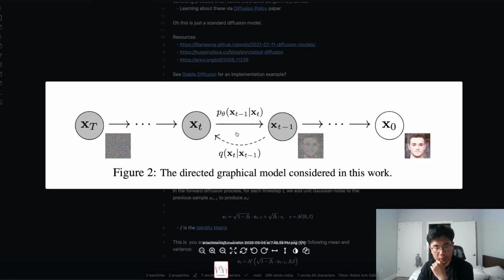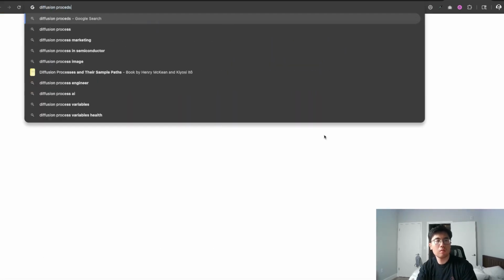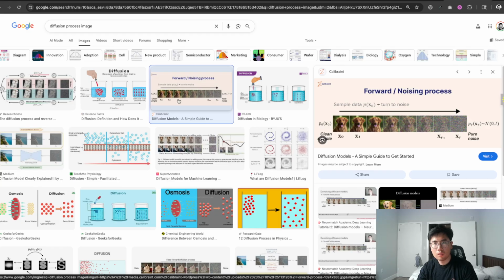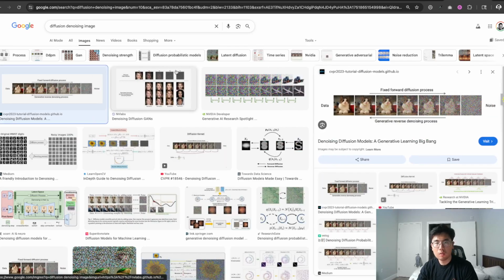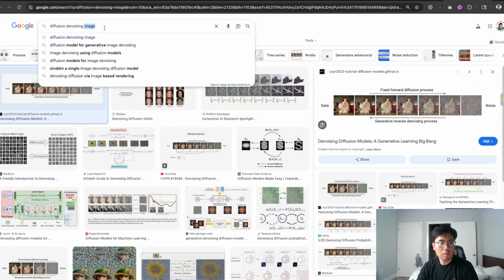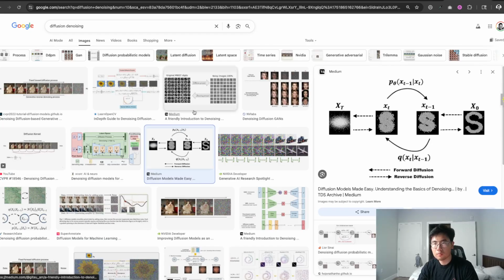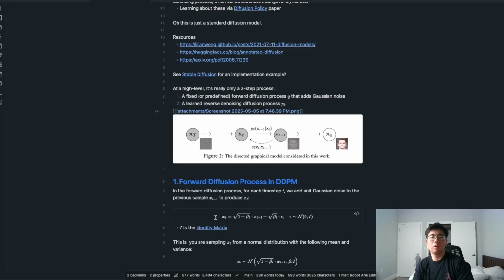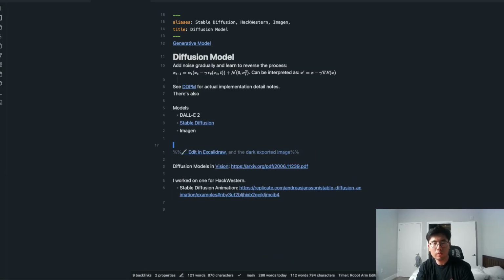If we take 10 steps... Diffusion. Oh, that's the wrong image.